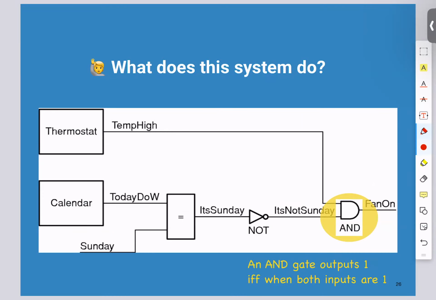Since we have said 1 is equal to true, an AND gate is one which, if both inputs are 1, outputs 1. It is 0 otherwise. If all inputs are 0 or 1 with equal probability, then an AND gate will output 1 one time out of four, 25%. So an AND gate outputs 1 if and only if both inputs are 1.